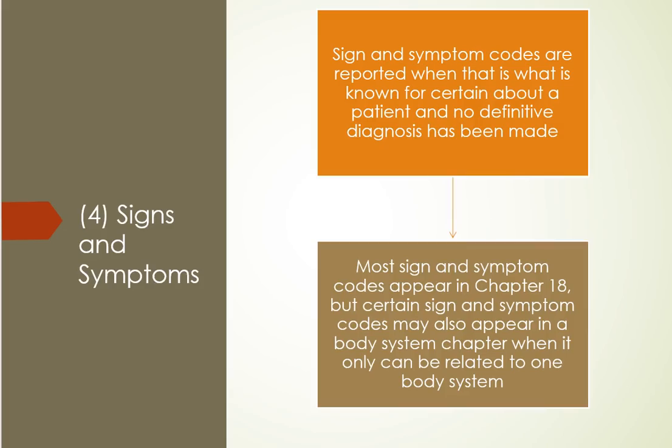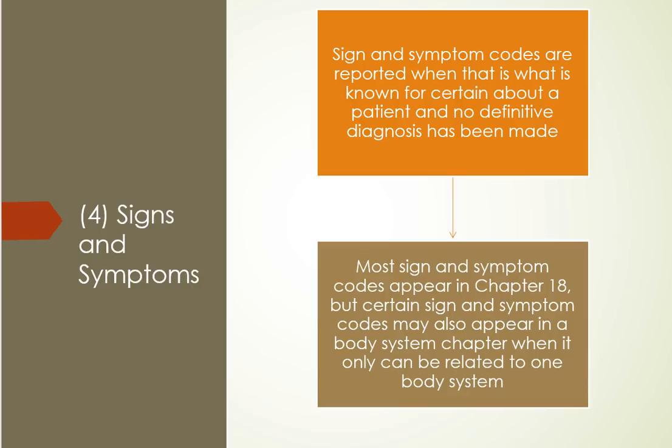Next, speaking of signs and symptoms, guideline number 4 tells us that signs and symptoms, as opposed to diagnoses, can be reported when a definitive or a confirmed diagnosis has not been established.